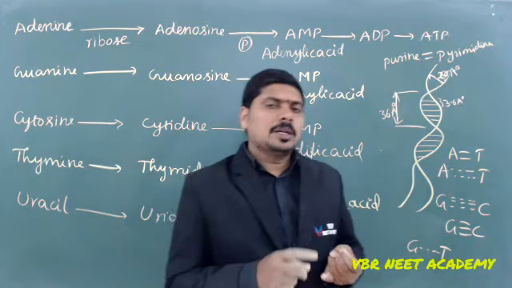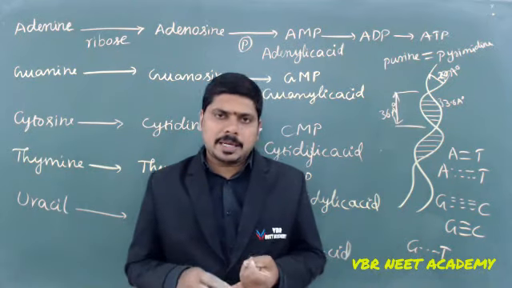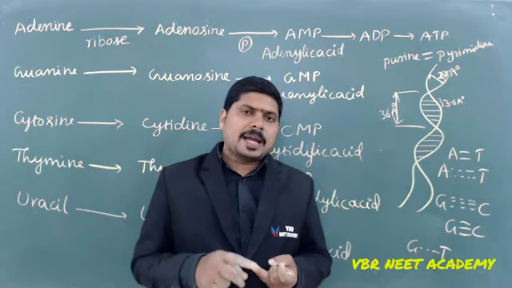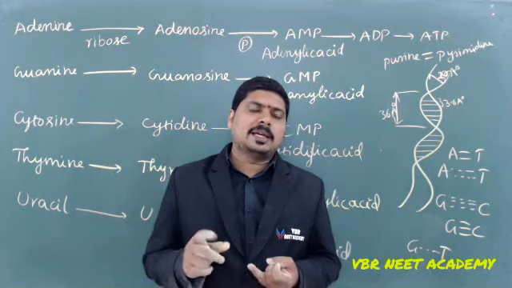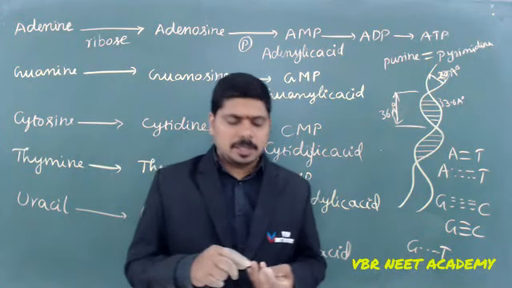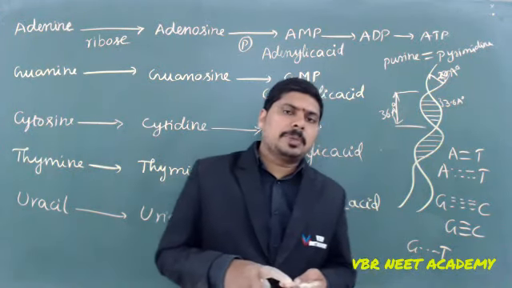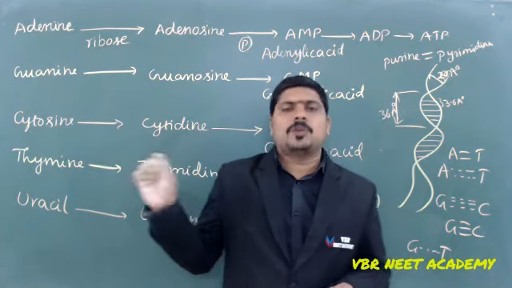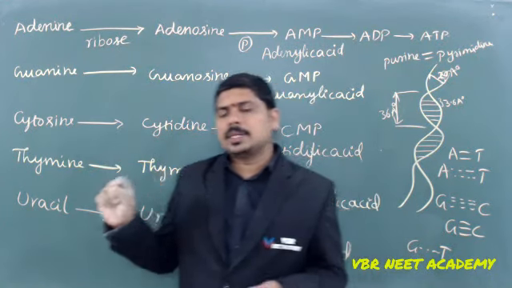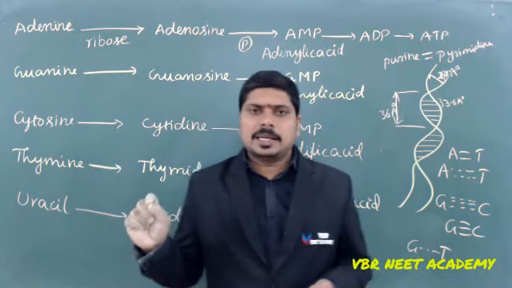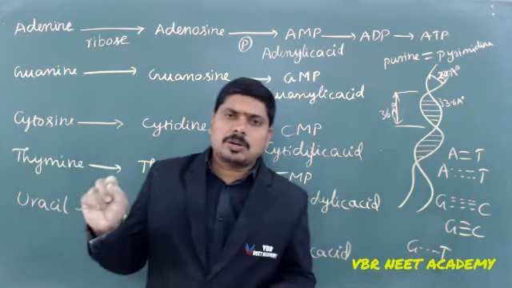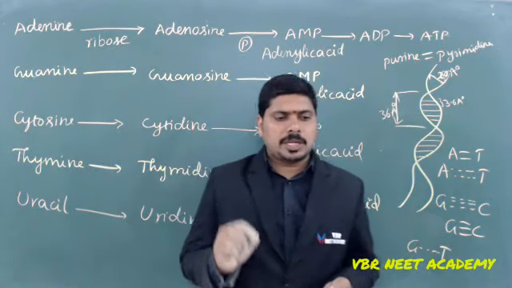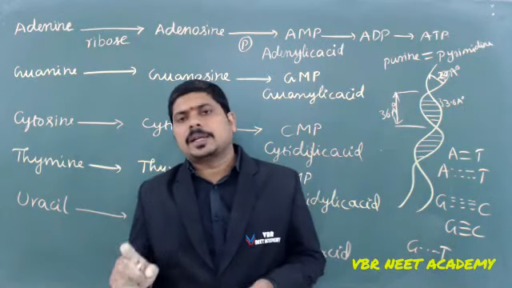Just remember, clover leaf structure will be there for tRNA, which is 3D. Whereas mRNA is going to have helical structure, single helical structure, and rRNA is going to be present in linear form. rRNA is linear, mRNA is helical structure, tRNA is going to have clover leaf structure. That's what we can say in case of RNA.